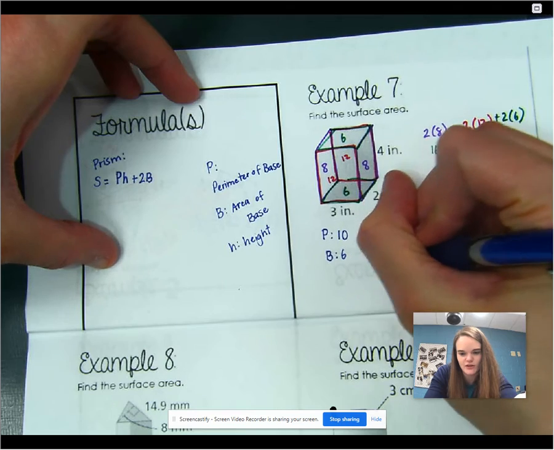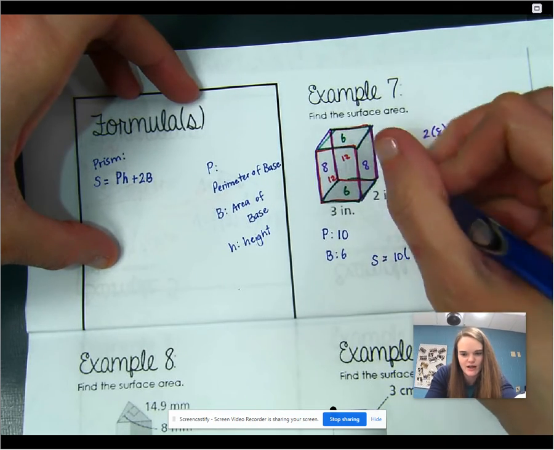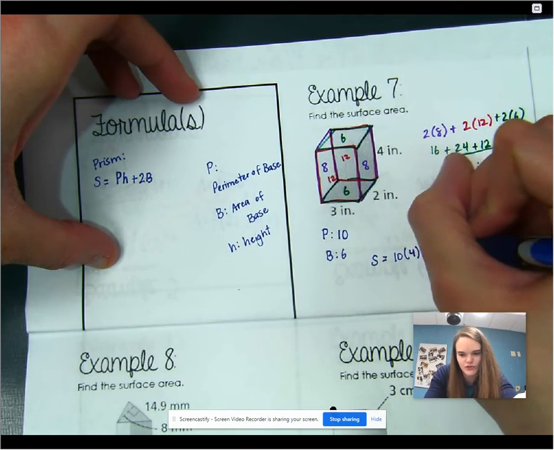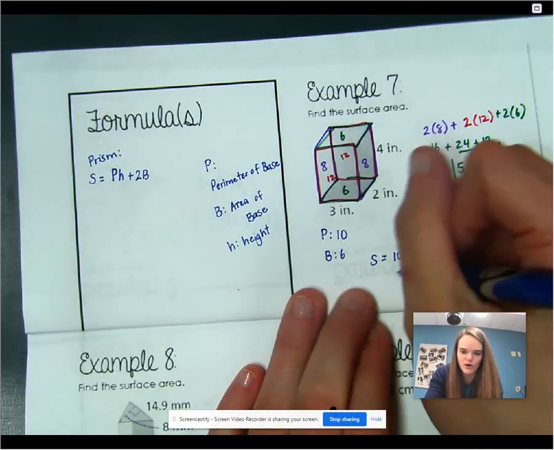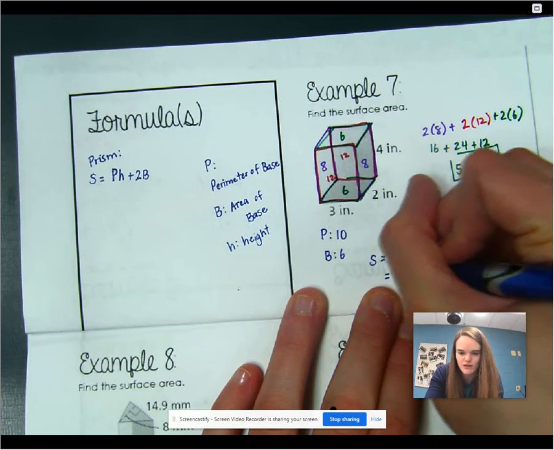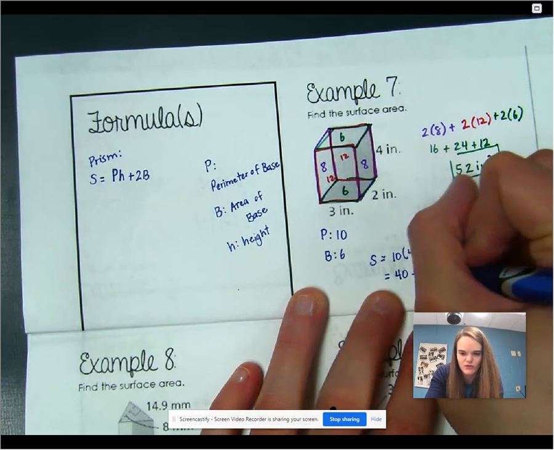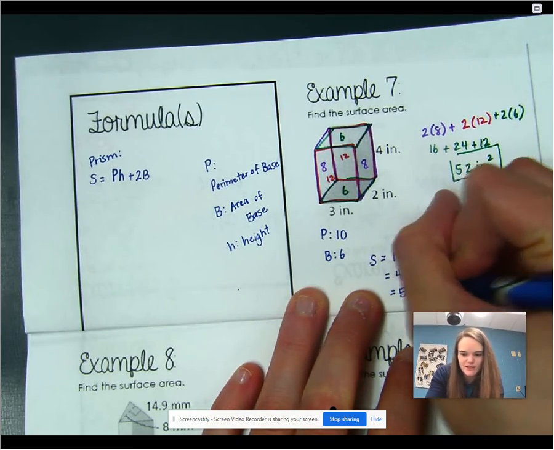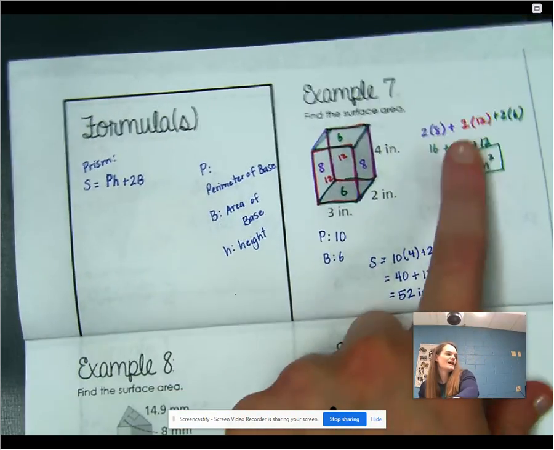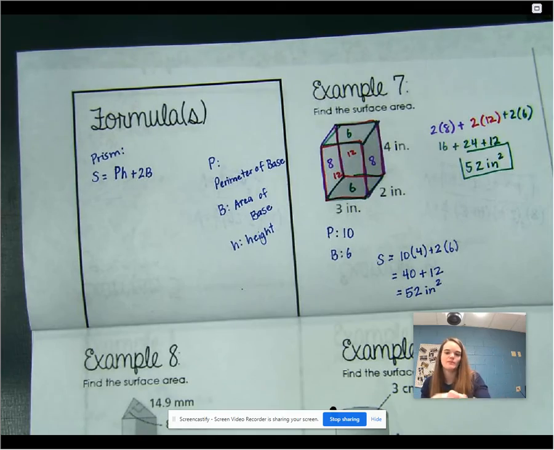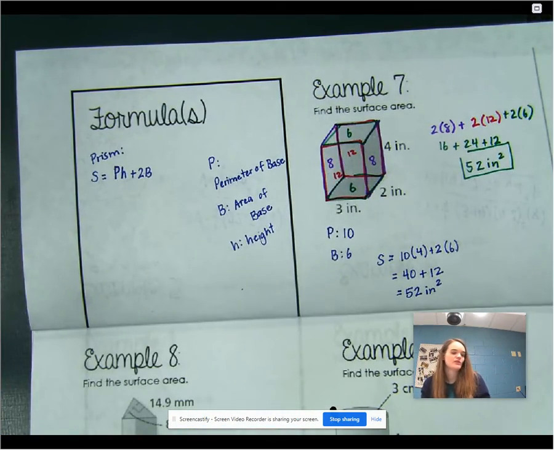So the surface area is the perimeter times the height of 4 plus 2 times the area of the base. That's 40 plus 12, which is 52. So what we did actually did work, but just to show you, you can either use the formula or add up all the pieces. Either way works. I like doing this but the formula is nice to have.